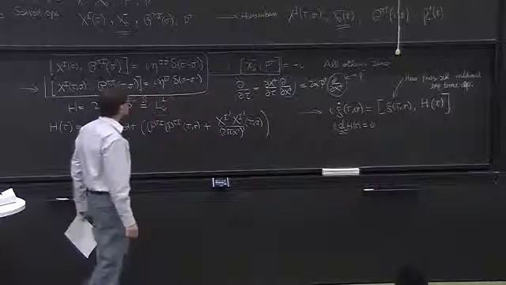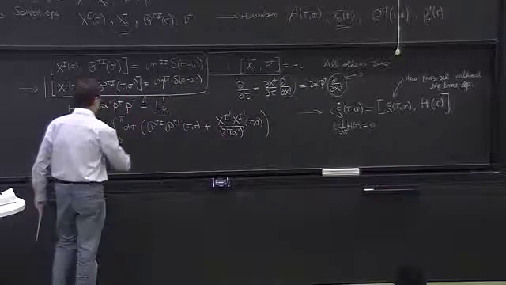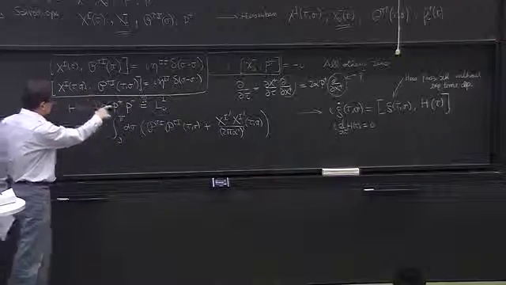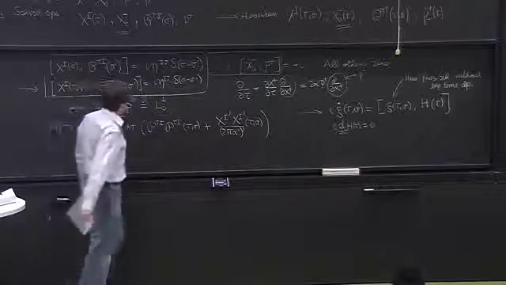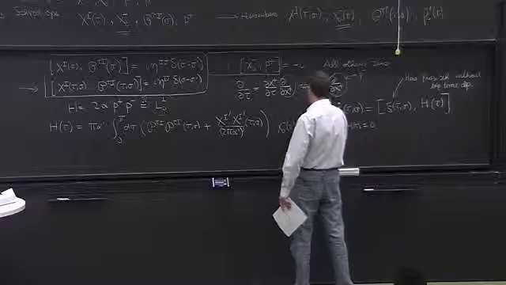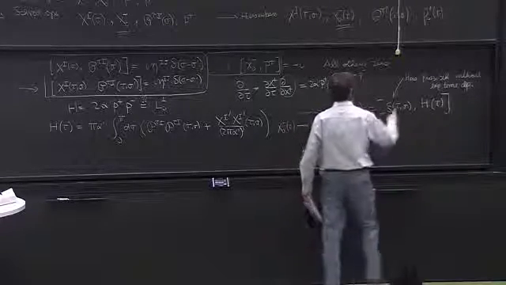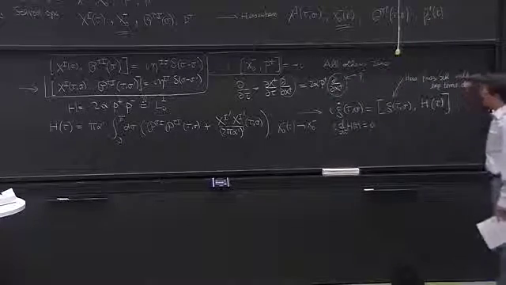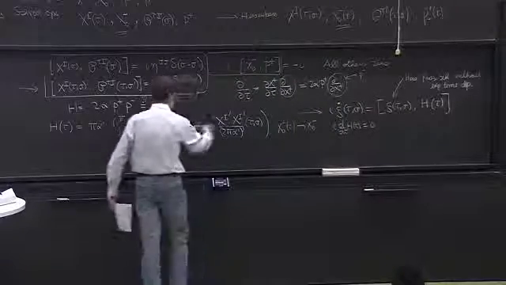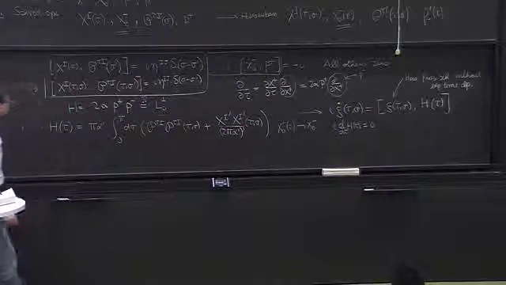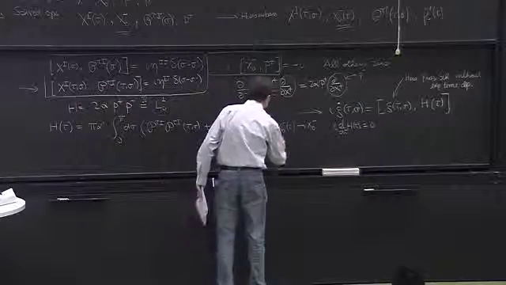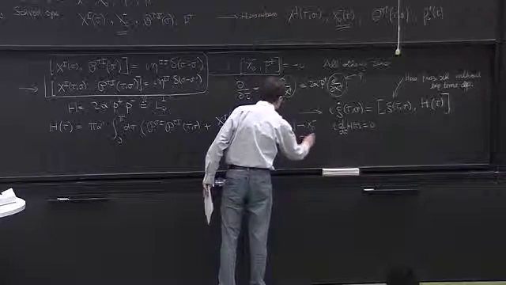And x0 minus only fails to commute with p plus, and there's no p plus here. So x0 minus commutes with the Hamiltonian, and therefore x0 minus of tau is really x0 minus. And the same thing for p plus of tau. p plus only fails to commute with x0 minus, and there's no x0 minus anywhere here. So p plus of tau is really p plus.